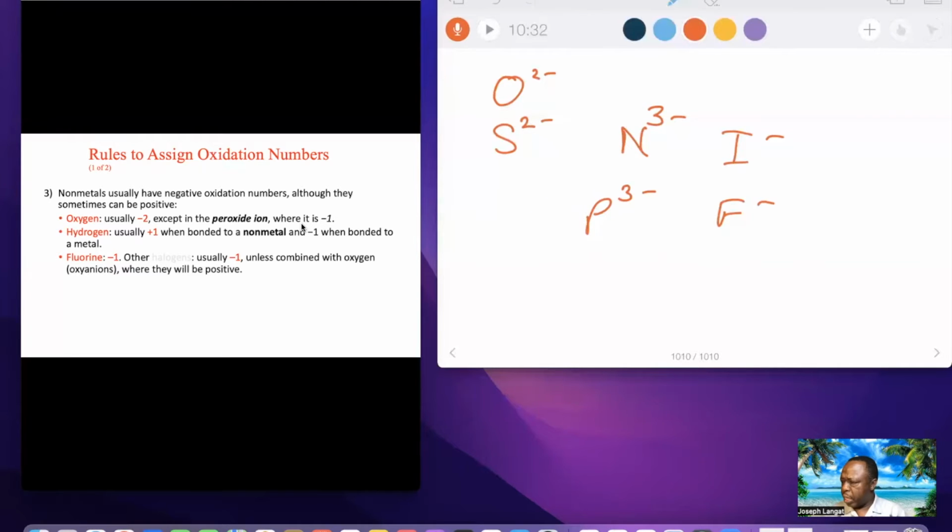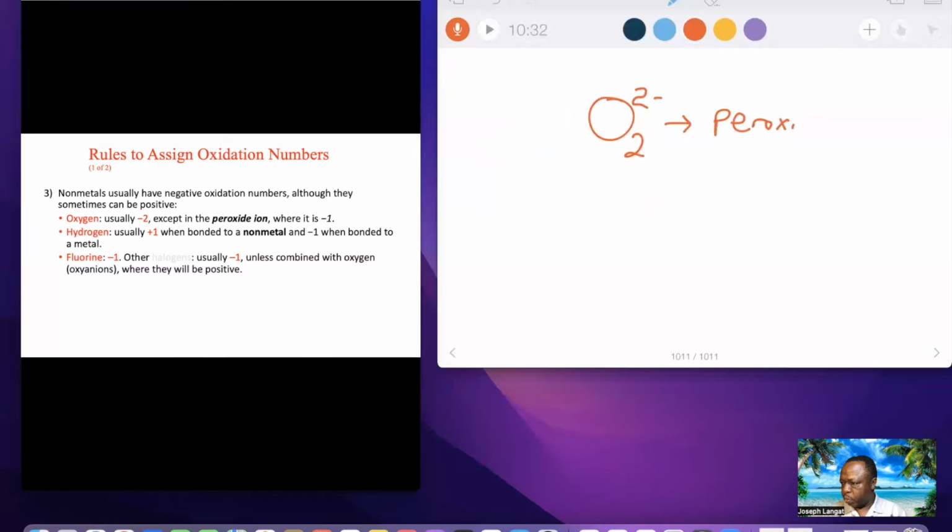You know, peroxide, this is the charge of peroxide. Which means each oxygen has a charge of -1. Therefore, we say that in peroxide, we have -1. Hydrogen peroxide, this is hydrogen peroxide, right?